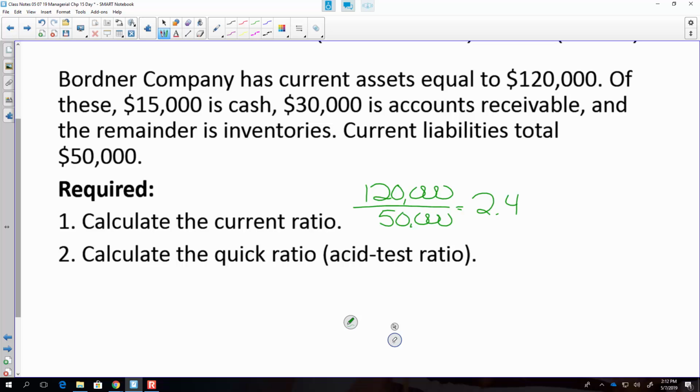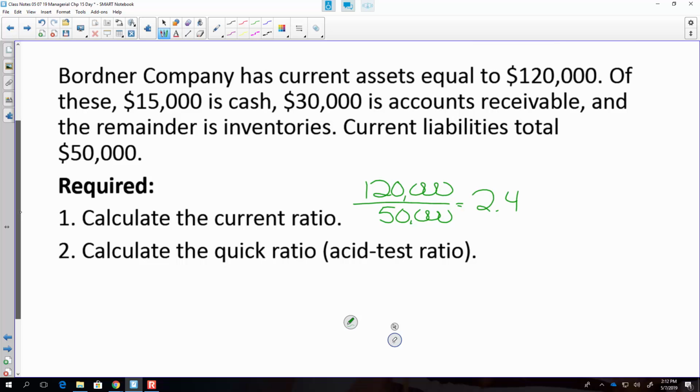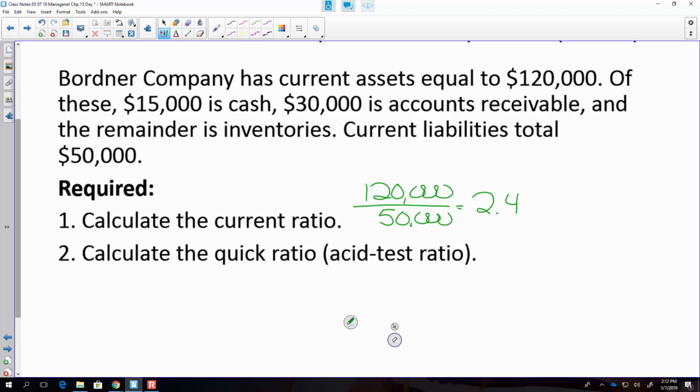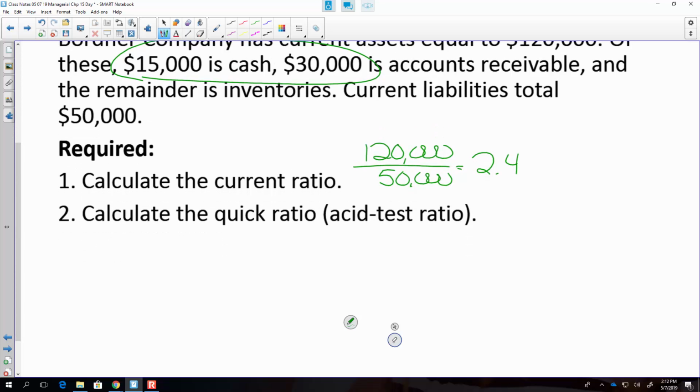And then our quick ratio, we have to take out of our current assets the, actually, we just need to add up the 2, right? There's no marketable security here, so we got 15 and 30 is 45. So 45 divided by 50, that's 0.9.